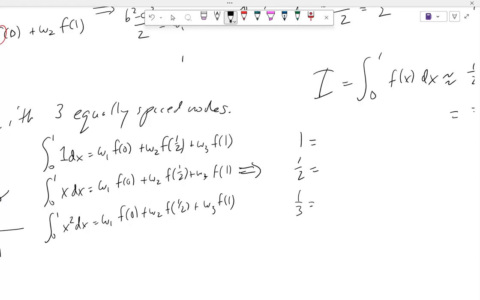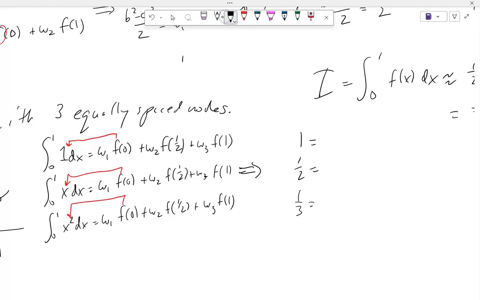Now again, remember, it looks like we have an arbitrary f the way I've got it written, but I don't really mean it's an arbitrary f, right? This f again corresponds to that 1. This f corresponds to the x. This f corresponds to the x squared, right? Okay.